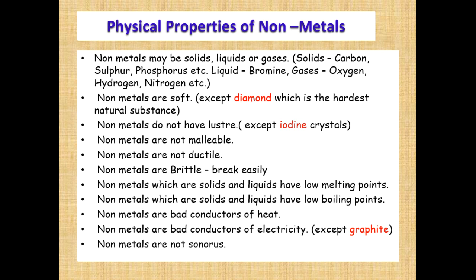Non-metals are not malleable and not ductile. So, we could not make them into sheets or wires. Non-metals are brittle. Sometimes they will break very easily. That is why we could not make them into sheets and wires. Non-metals, which are solids and liquids, have a low melting point and a low boiling point.